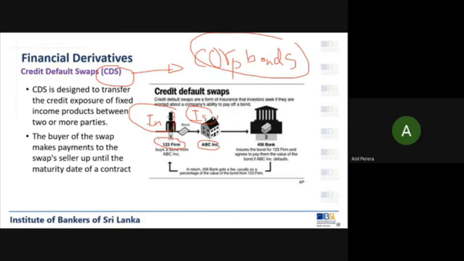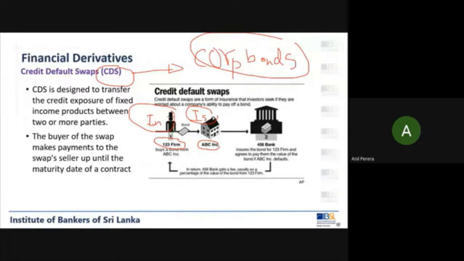Now, this 123 firm is worried. What is the worry? They think whether this company ABC will be able to pay off their bonds at maturity. And as a result, if you have that uncertainty, there could be deep discounts or price disadvantages for these bonds.